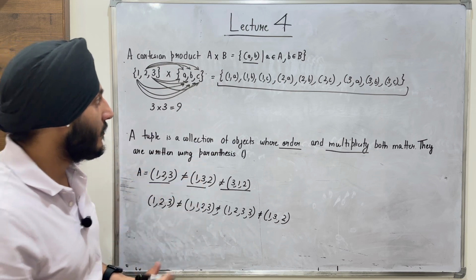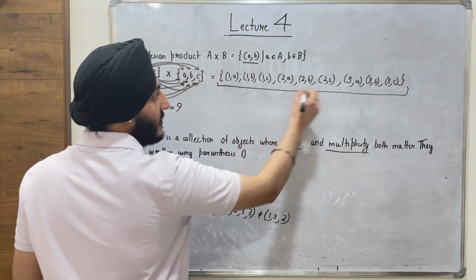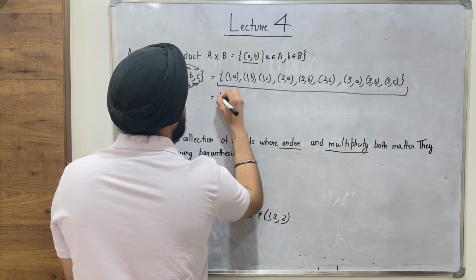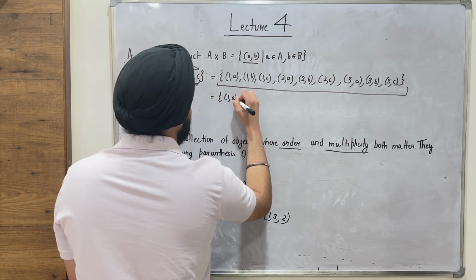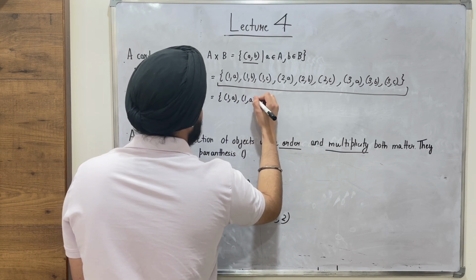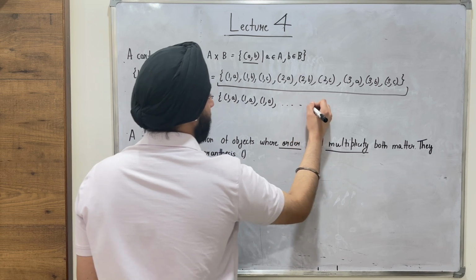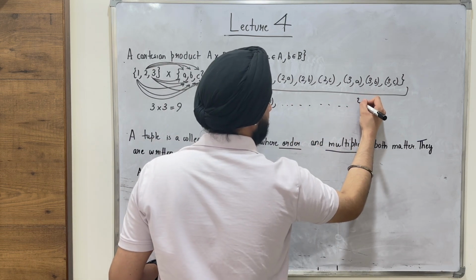My basic point is, let's say I have this entire set over here, the Cartesian product. I can write this tuple multiple times. Consider that all the other elements are still here.